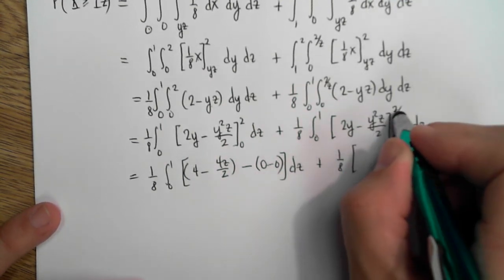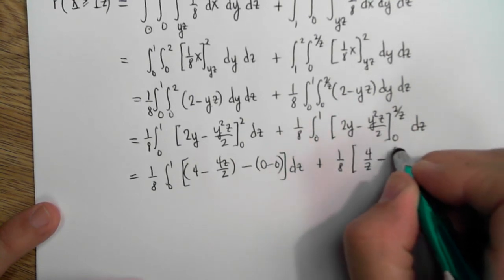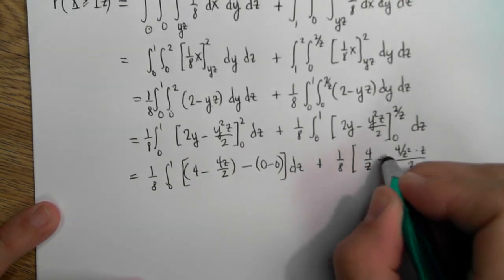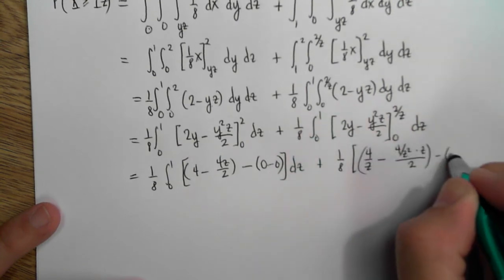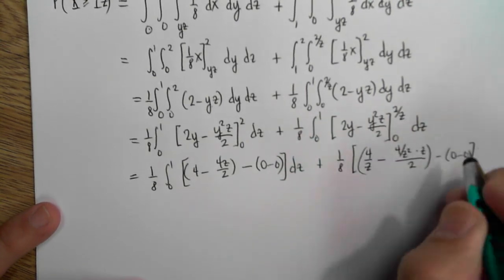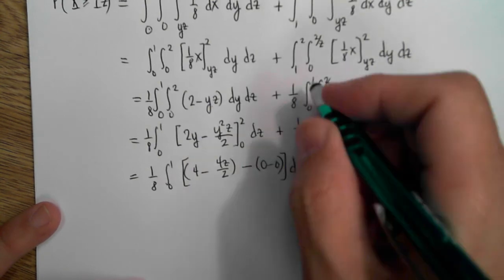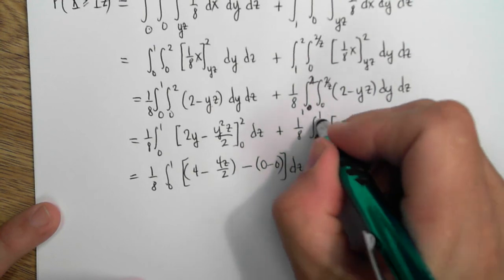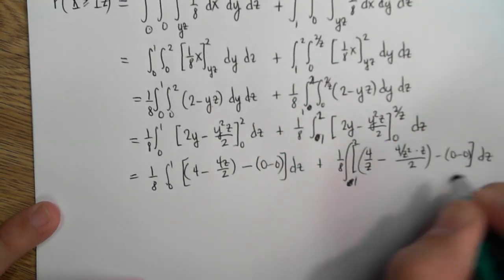Plugging in 2 over z for y, I get 4 over z minus 4 over z squared times z over 2. Then plugging in 0 for y, I get 0 minus 0. And this will be the integral from 1 to 2 dz.